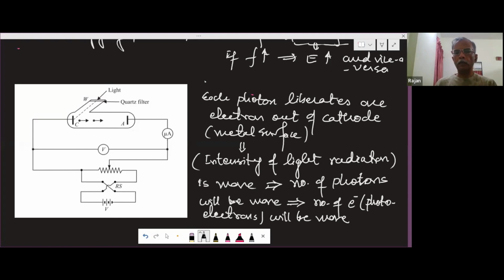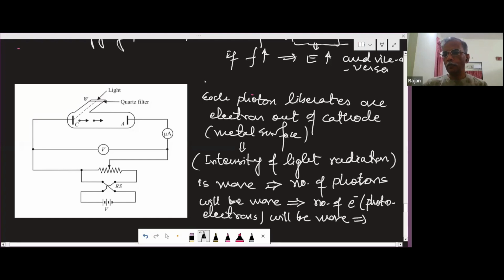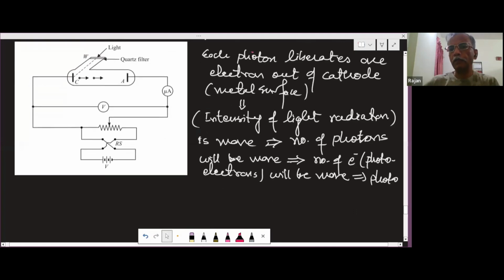You can measure the current, the voltage, whatnot. So if the number of photoelectrons is more, you will find that the current is more, yes or no? Sometimes we write this as photocurrent also. Inside the tube, whatever electron flow we get will be photoelectrons.